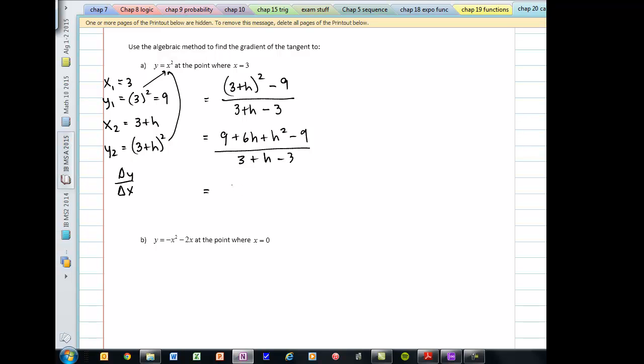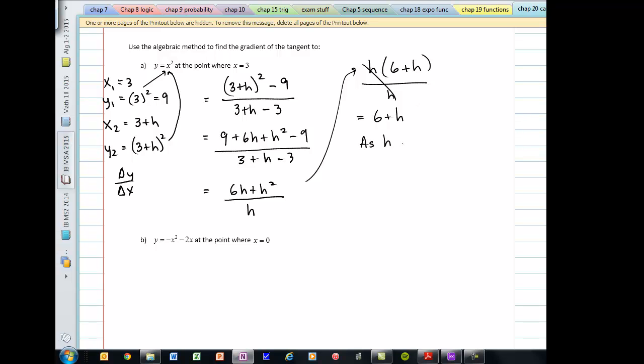Simplify the top, and you just get 6h plus h squared. Simplify the bottom, you just get h. Now I can factor an h out of the top, which gives me 6 plus h. Those h's cancel out. So in this case, we have 6 plus h.